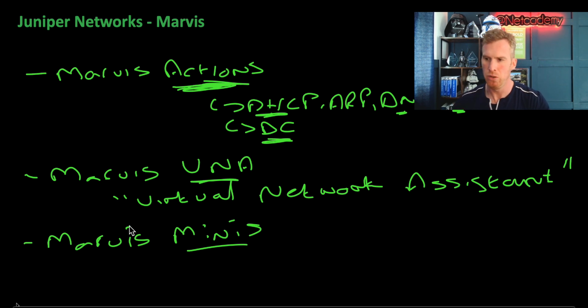Now, if that retailer has Marvis, and all of this is included in Marvis, the Marvis Minis is there, and what it's doing is it's testing from a client's perspective, without any clients being connected to that Wi-Fi network. Is DHCP working for this particular SSID, for this VLAN? Is DNS responding?